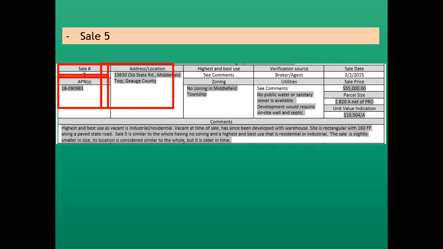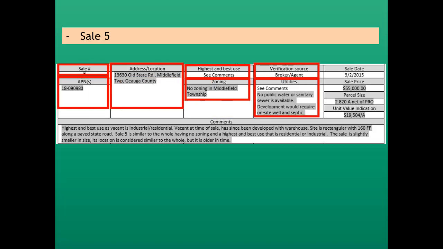Next sale is sale number 5. And there is the auditor parcel number. The sale is located at 13630 Old State Road in Middlefield Township in Geauga County. Its highest and best use refers us to the comments section. Zoning, there is no zoning in Middlefield Township. Verification source was with a broker agent.